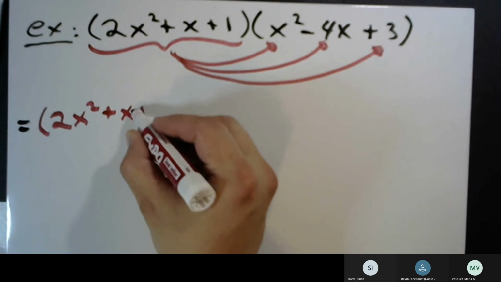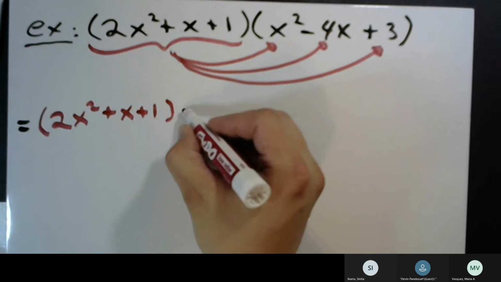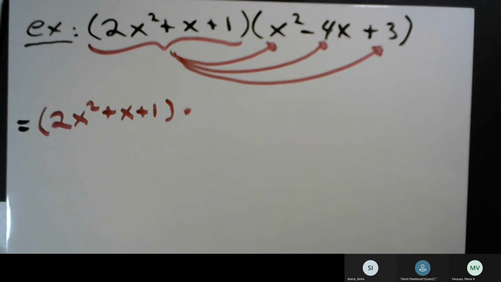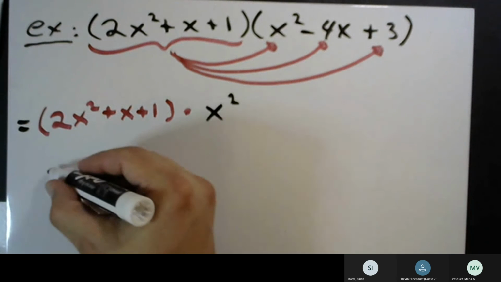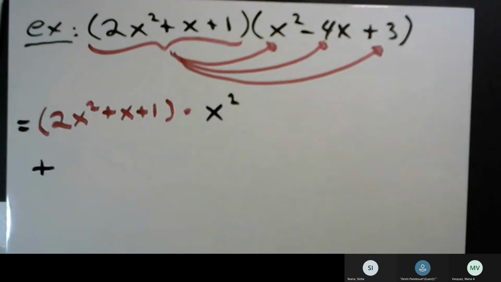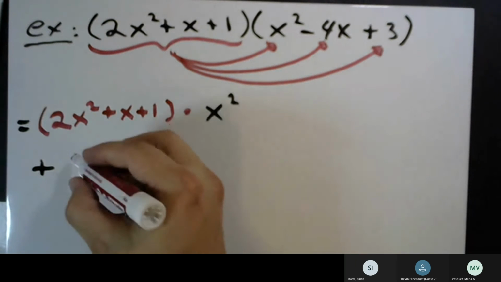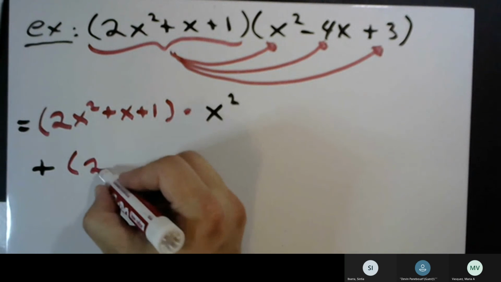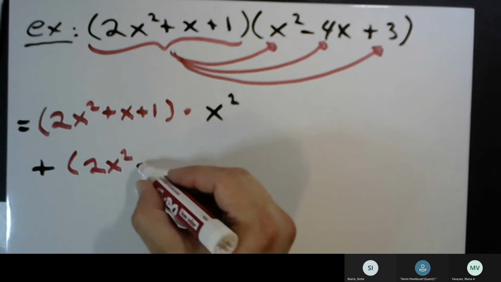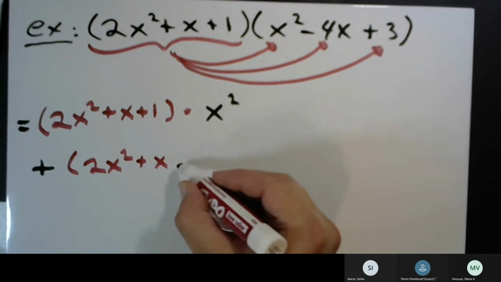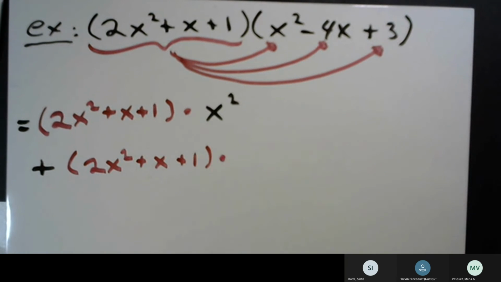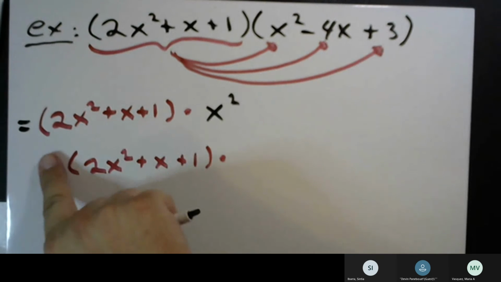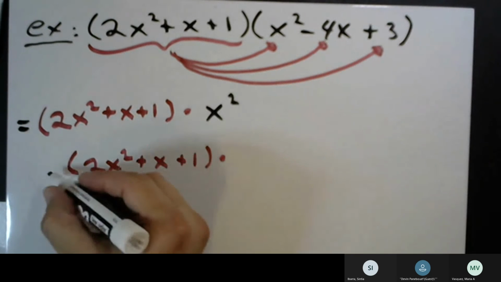2x squared plus x plus 1 times x squared plus 2x squared plus x plus 1. Oh, it's going to be a minus, actually, because it's a minus 4x.